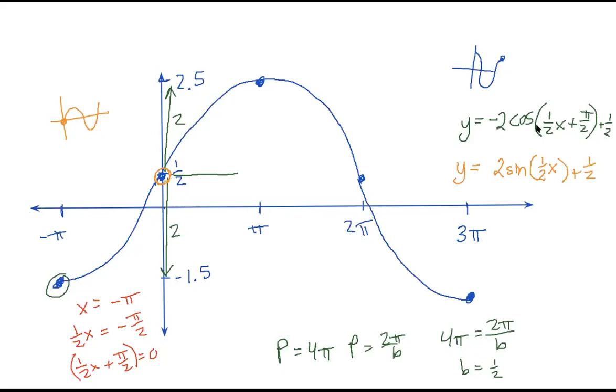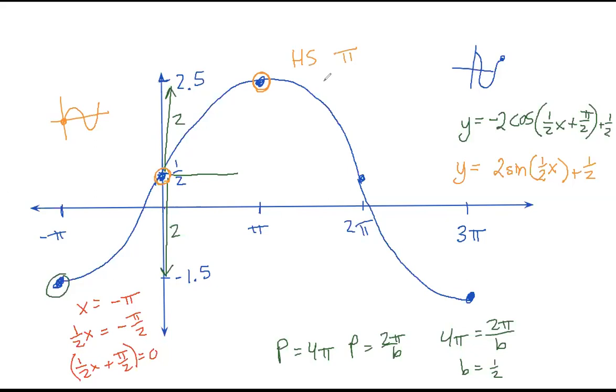You just kind of have to decide, or sometimes you're told, hey, look at this as a cosine graph, or hey, look at this as a sine graph. You could also look at this as a cosine graph with a horizontal shift of pi, and not negative, because now if we say this is our starting point, then it starts at the top, just like a normal cosine graph.